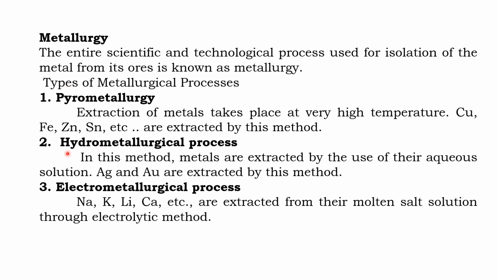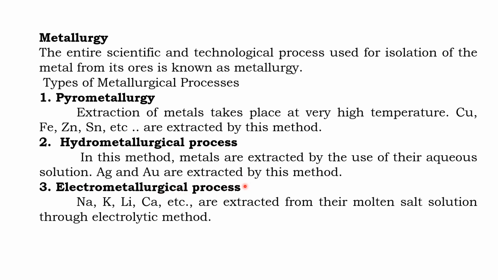The second type is called hydrometallurgical process. Hydro means water. So in hydrometallurgical process, the metals are extracted by the use of their aqueous solutions. Example, silver and gold, Ag and Au, are extracted by this method. The third one is electrometallurgical process.